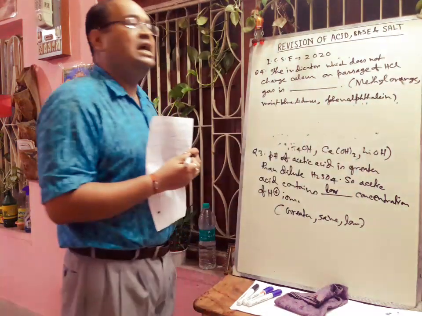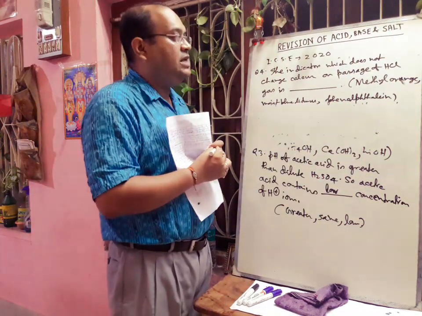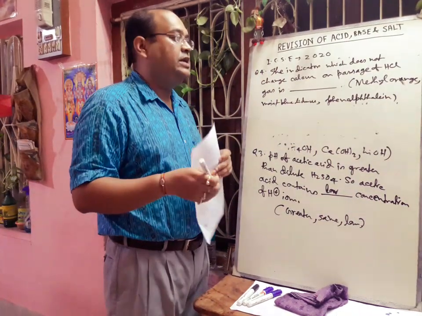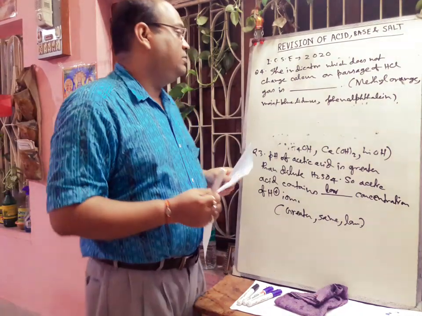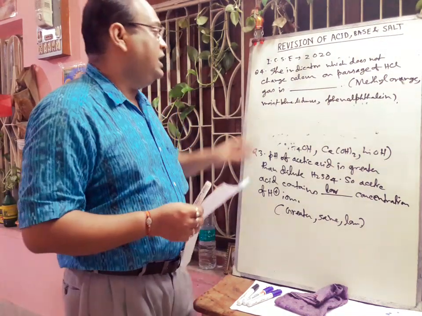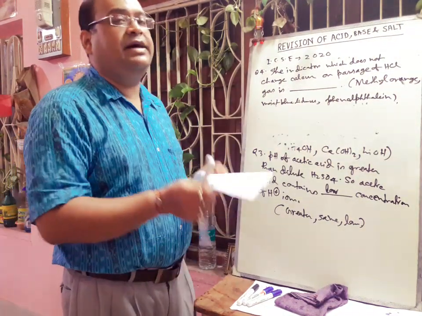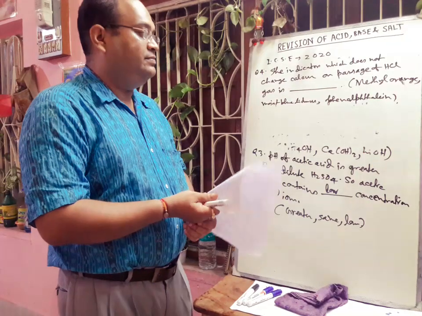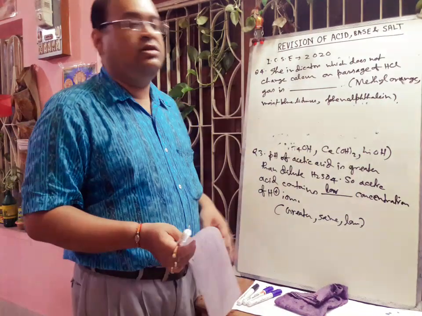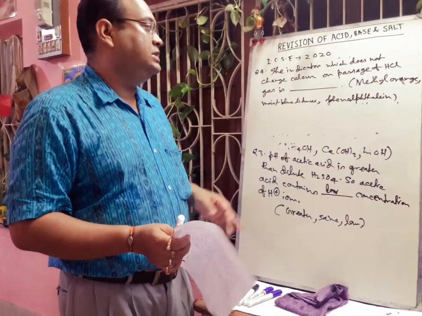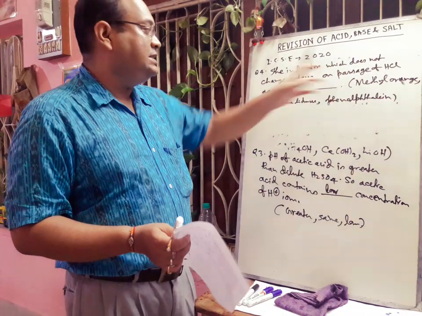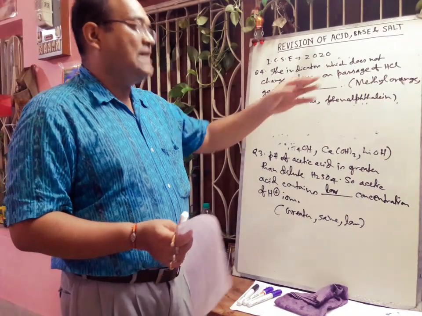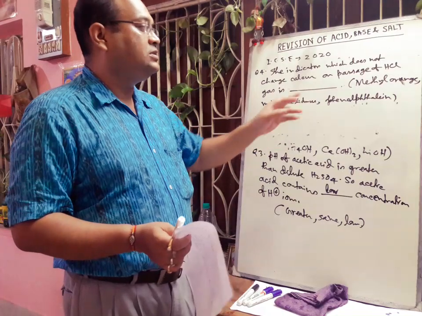We know that methyl orange in acidic medium will change color, from orange to pink. Moist blue litmus paper will turn red. But phenolphthalein in acid solution shows no color change. When we pass HCl gas, which is acidic in nature, it will turn the solution acidic.